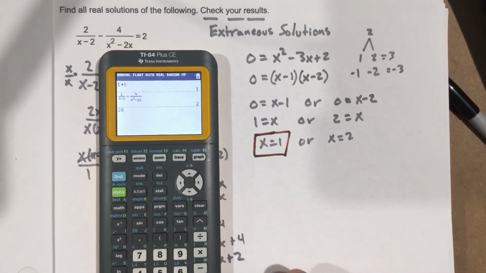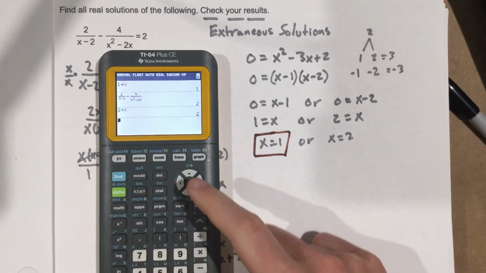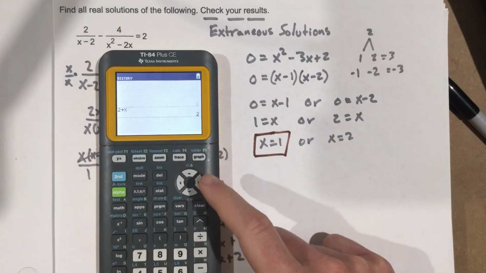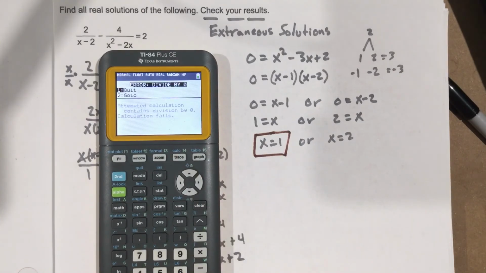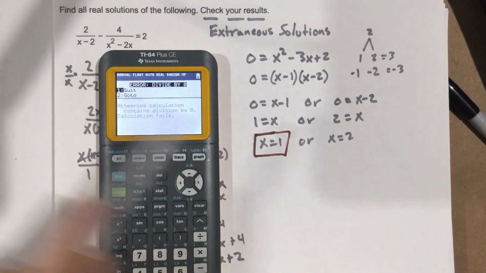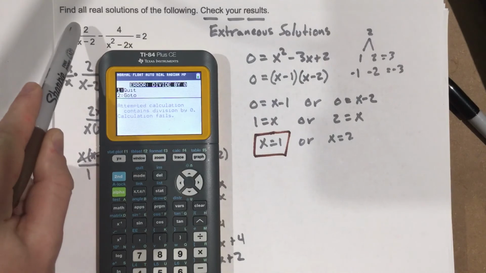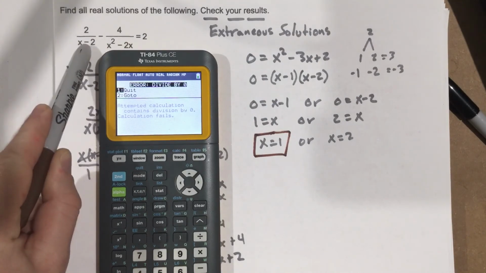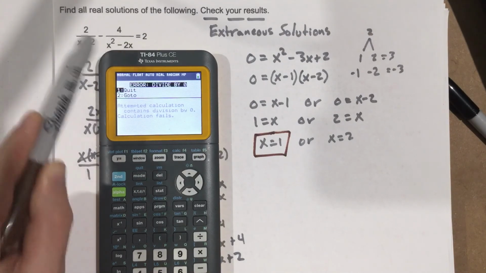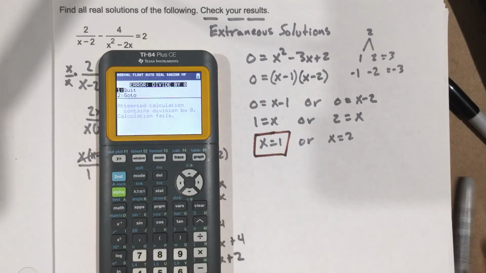Now let's take 2 and store it as x. Grab that function. Error. Can't divide by 0. Well, you'll notice x equals 2, we have 2 minus 2 on the bottom here. You can't take 2 divided by 0 with a fraction, so 2 is actually an extraneous solution.